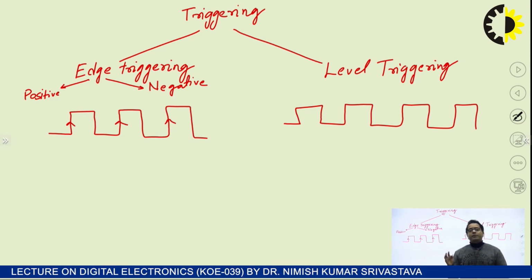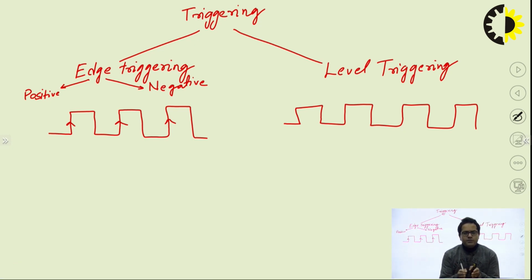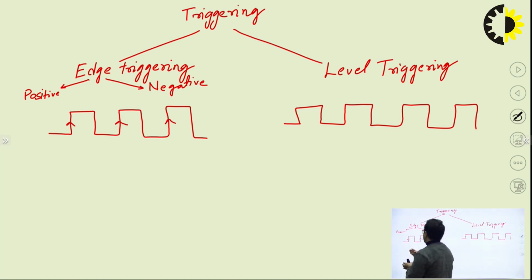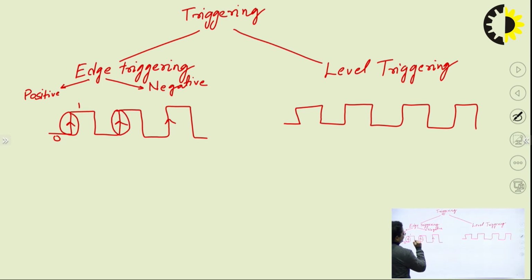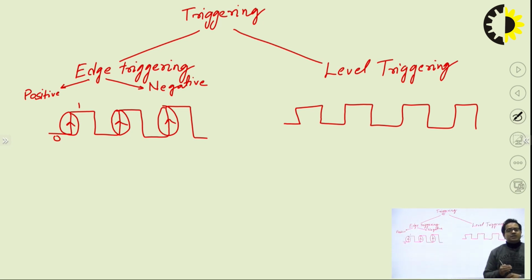That is the meaning of positive edge triggering. It will respond only at the transition from 0 to 1, whereas in the rest of the cases it is not going to respond. So it will respond at this point, because here there is a transition from 0 to 1. Similarly, another point of transition is this one, so again it will respond, and this will again respond. So at these three positive edges, your flip-flop is going to change its state.